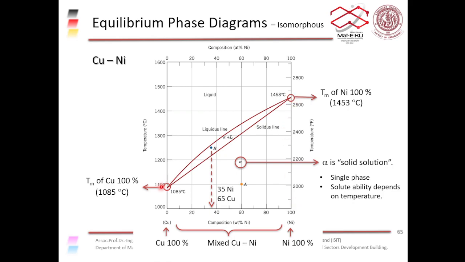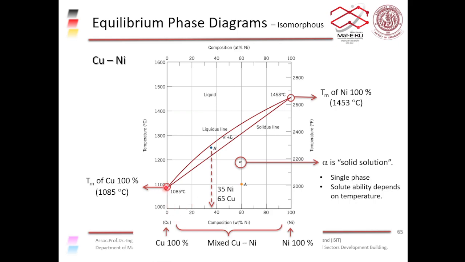And what are these 2 points? This point here, this point here. These 2 points are the melting points of pure copper and pure nickel, because we have 100% copper here, and this is the point where the solid phase turns into the liquid phase, because we have liquid phase up here and solid phase down here.